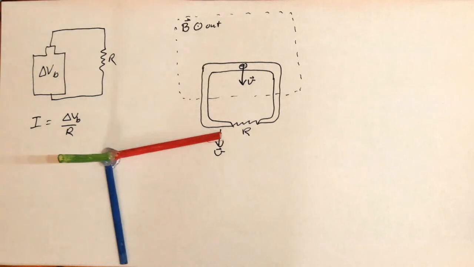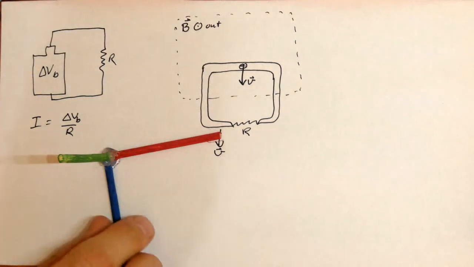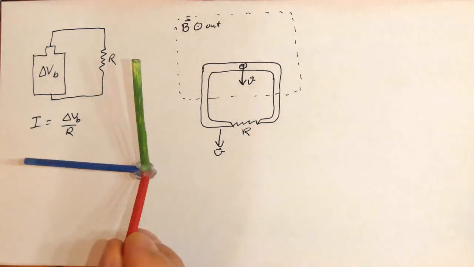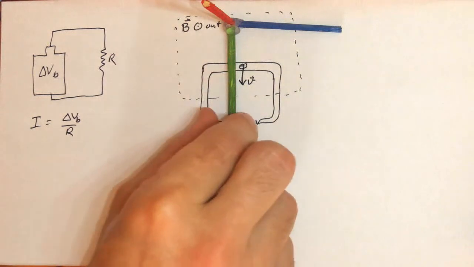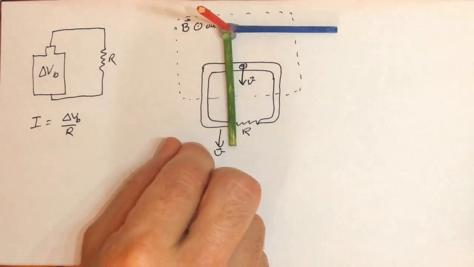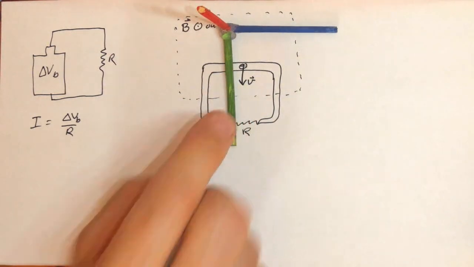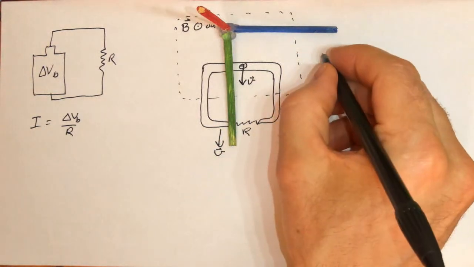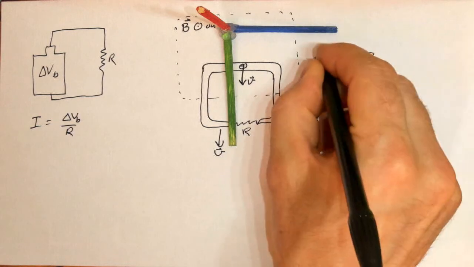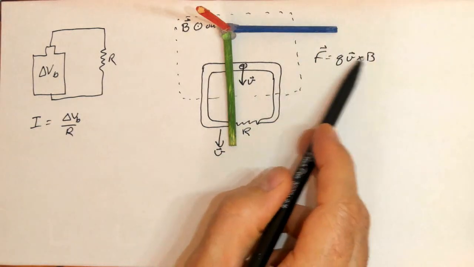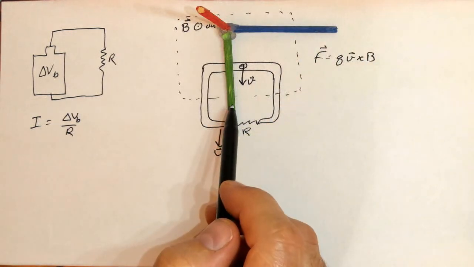So let's pull out our right-hand rule device. Right now I've got a velocity pointed downward, so that's my green. Remember our rule: the force is QV cross B. So our first vector in the cross product I'm choosing to be green is velocity.